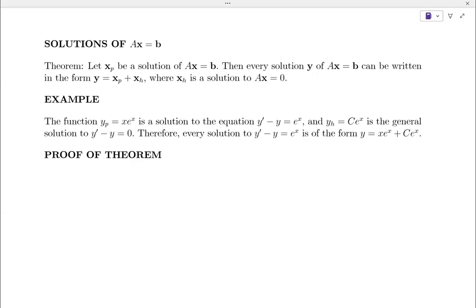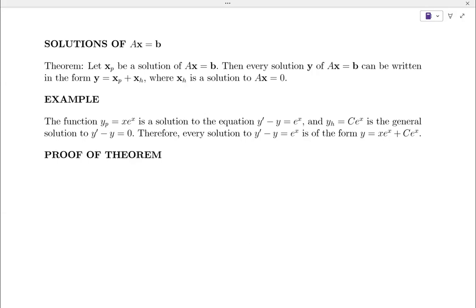And this is exactly how you solve these things in differential equations. You find the solution to the homogeneous equation, and then you go look for a solution to the non-homogeneous equation. This particular theorem from linear algebra allows us to do that in differential equations, for example.